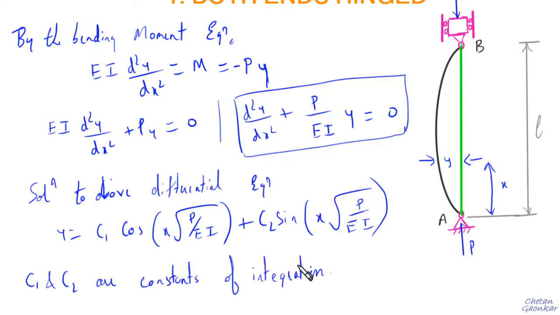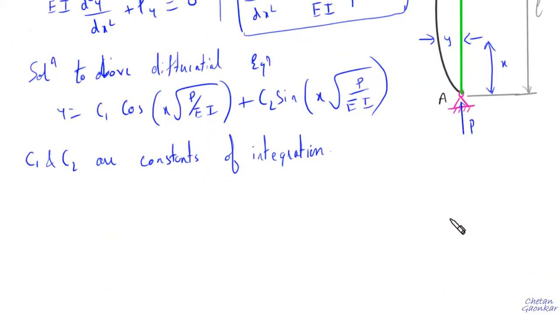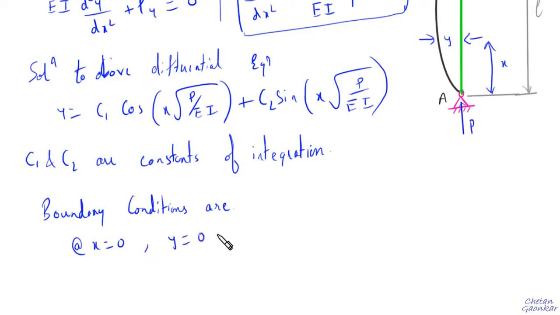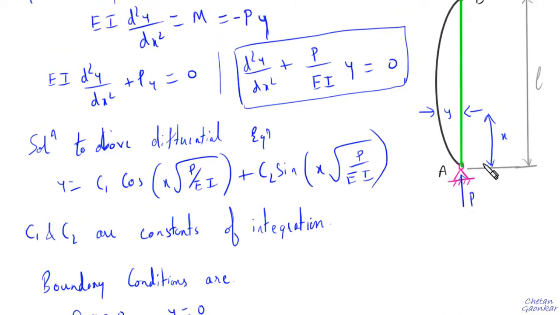The way I can evaluate these two constants C1 and C2 is by using two boundary conditions. If you observe this column carefully, we have two boundary conditions. At x equal to 0, the deflection y is 0. There is no deflection at all at x equal to 0.